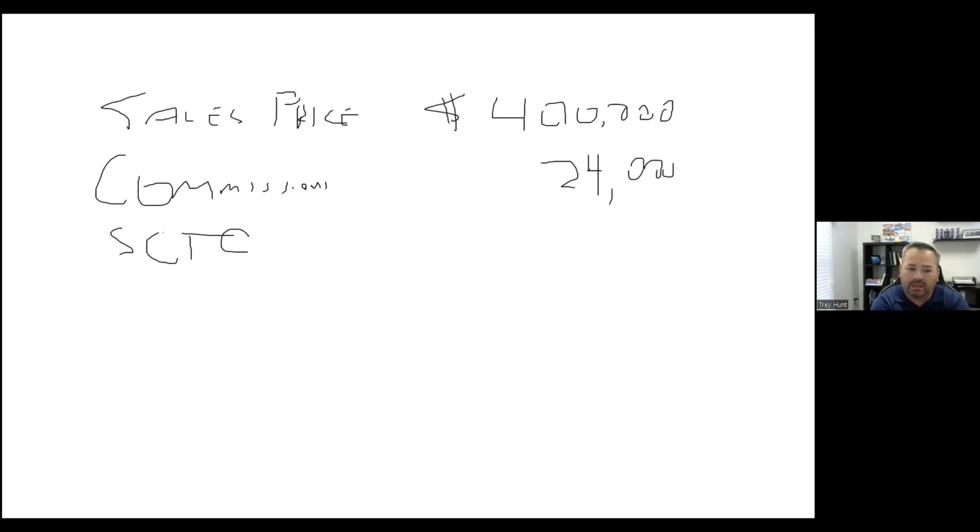But we're starting to see sellers helping buyers again in the marketplace. And there was a time a couple of years ago where I would have told you to expect this to be around 3%. But this is completely negotiable. Okay. And so, what do we think is probably reasonable?